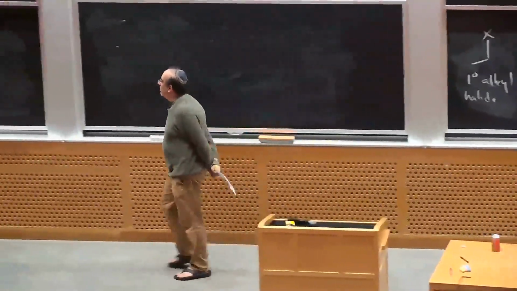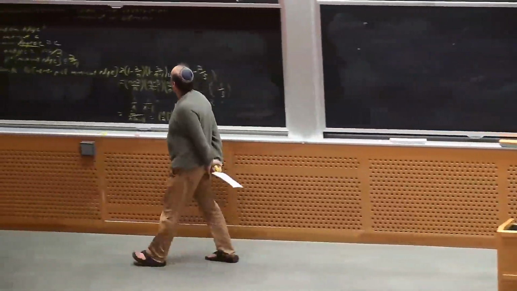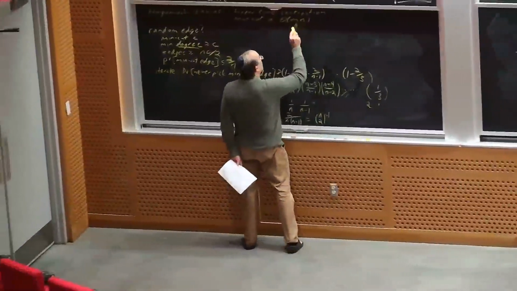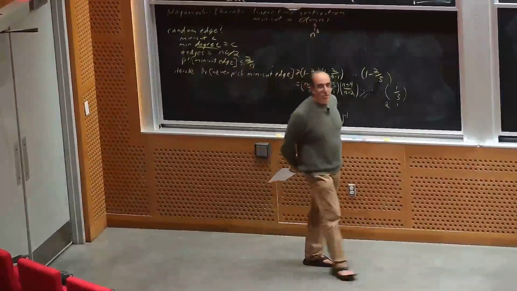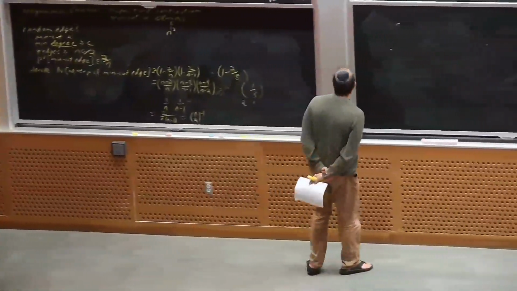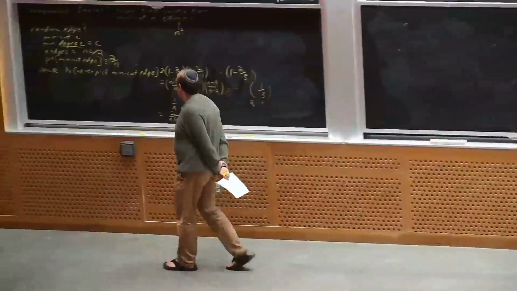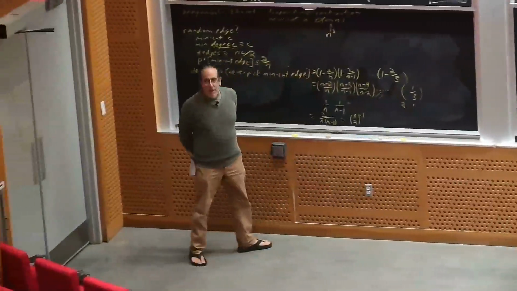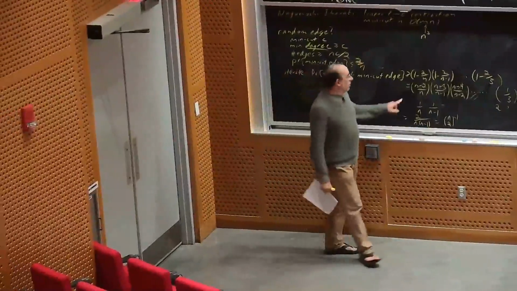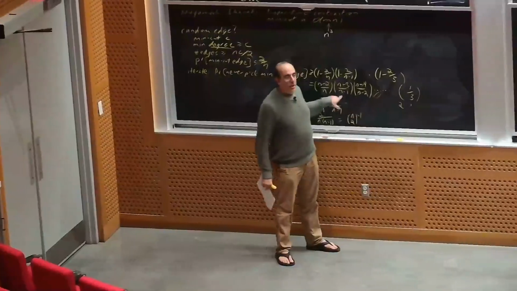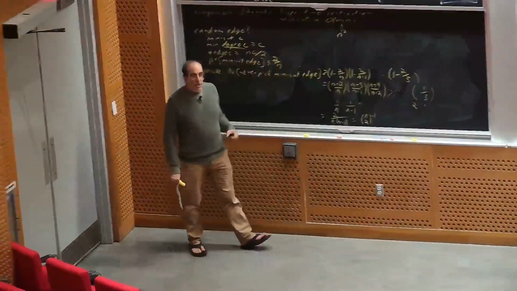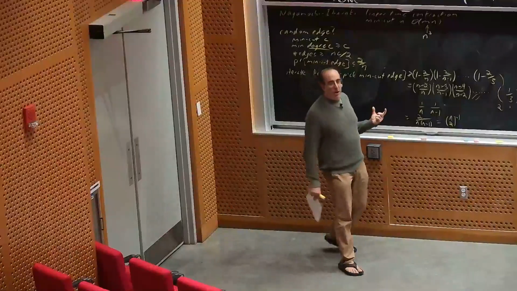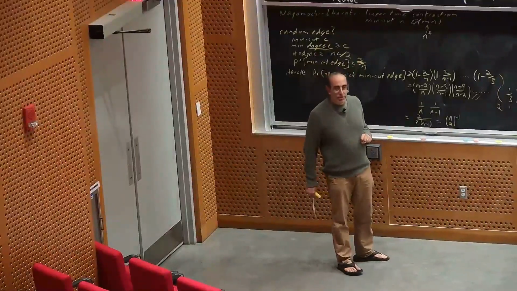Good. So we have these algorithms. We have this algorithm over here, which I will simplify to be an n cubed algorithm. I don't want to keep track of 2 separate parameters. If we look at the source of trouble in the contraction algorithm, while the graph is big, our chances of making a mistake are small. It is only as the graph gets extremely small that this algorithm becomes unreliable.